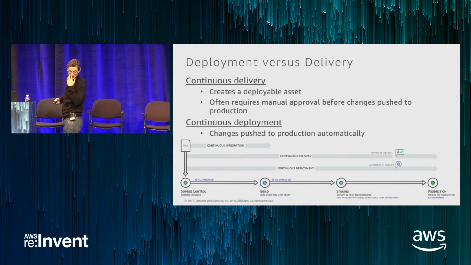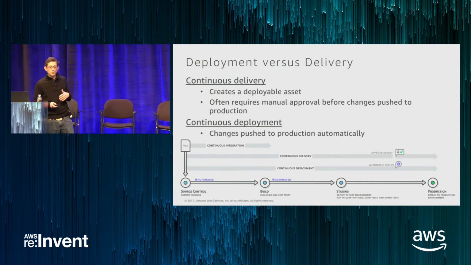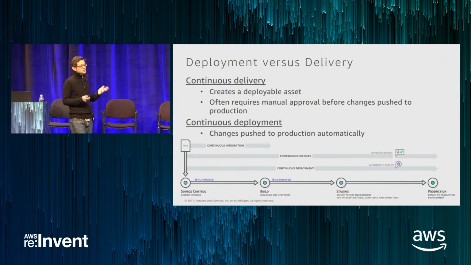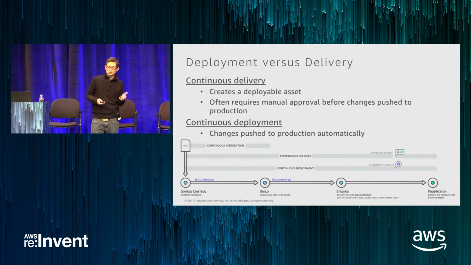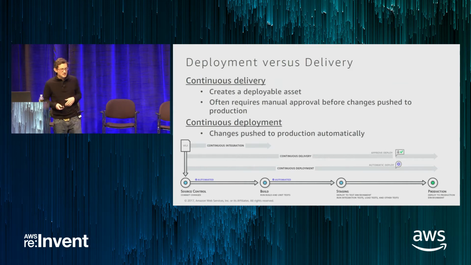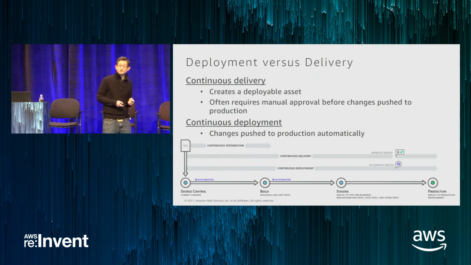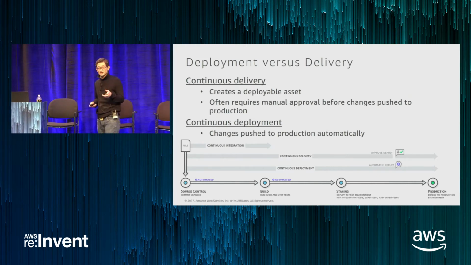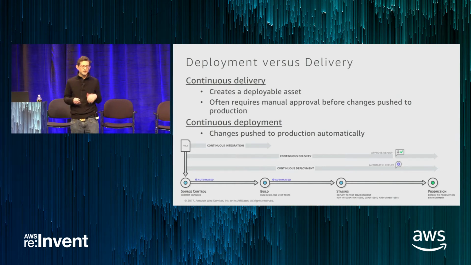Well, under continuous delivery, a developer or a member of the development team usually determines whether that update should be pushed to production, whereas in continuous deployment, the release to production happens automatically without explicit approval from a human. Now, this is generally done only after the update has passed an exhaustive battery of tests.